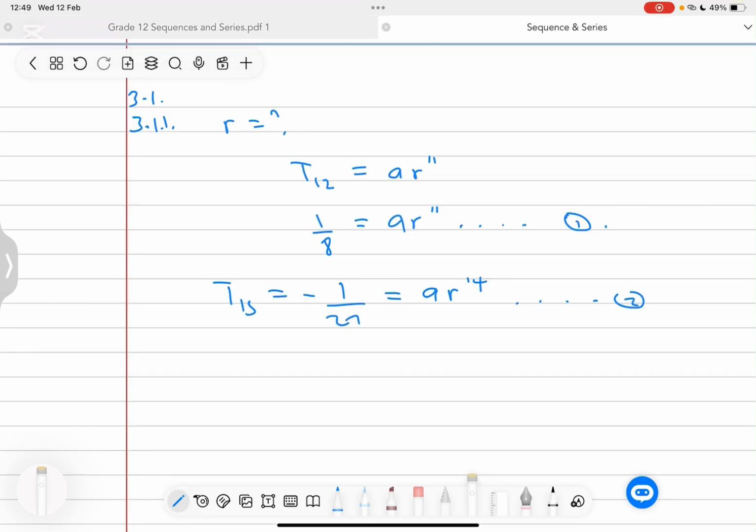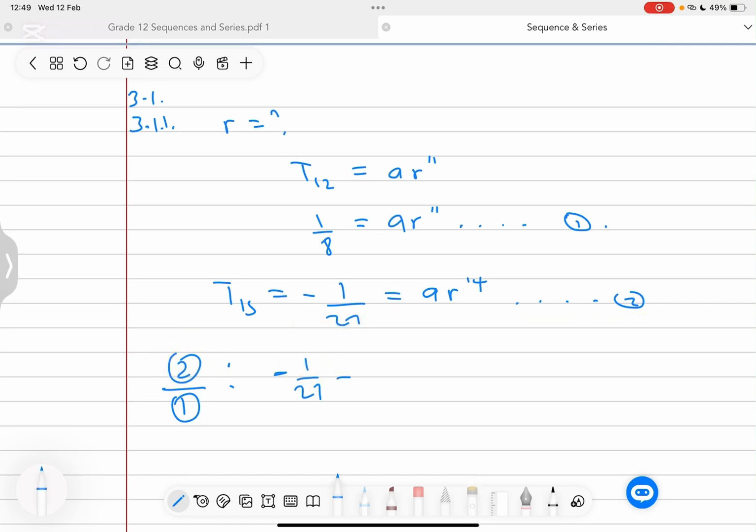Now to do this, I'm going to say equation 2 divided by equation 1, what do I get? That means I'm going to take each number in equation 2 and divide it by each number in equation 1. So I'm going to have negative 1 over 27, because it is part of equation 2.